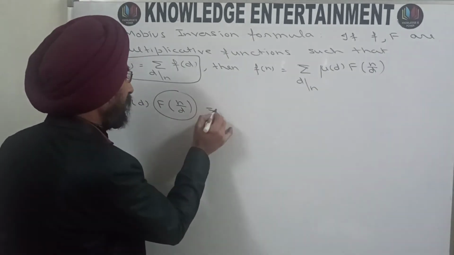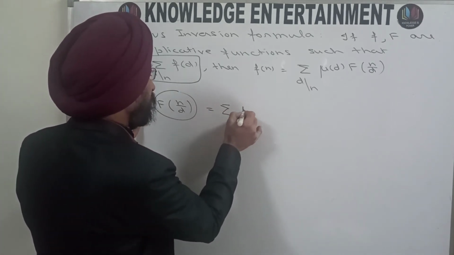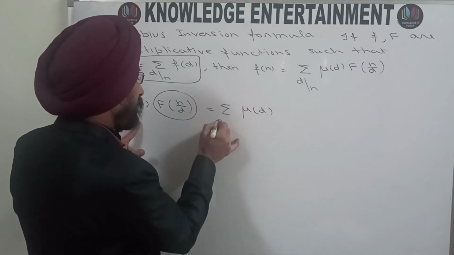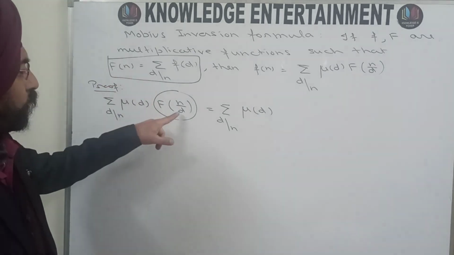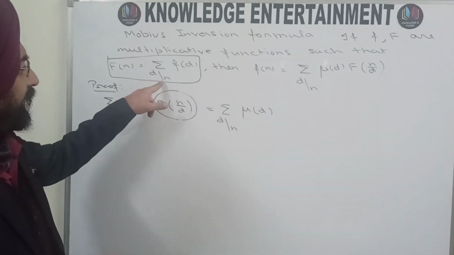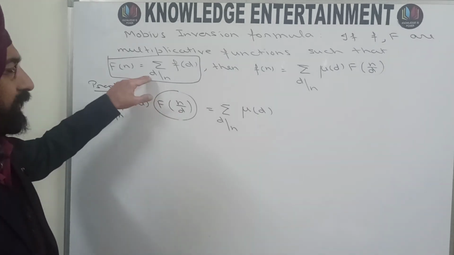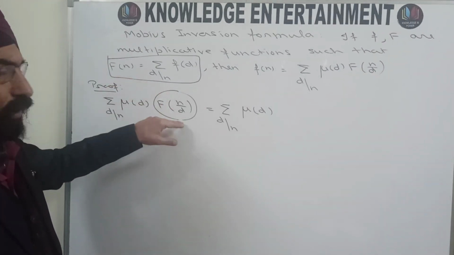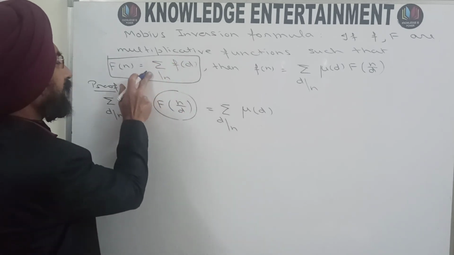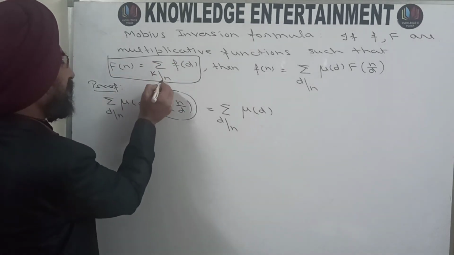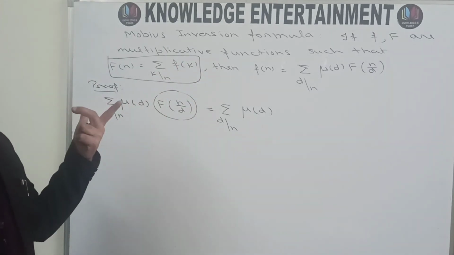So this term will be as it is, sigma mu d, d divides n, and here in place of n you are having n by d. So here also you will have to change because this d and this d will be a big confusion. So change this d to k. You can say this is k divides n, f of k. It's not going to change any value.